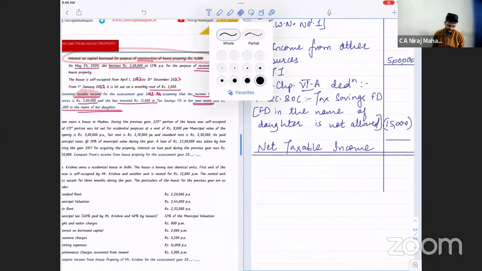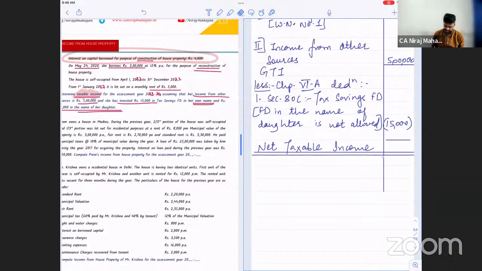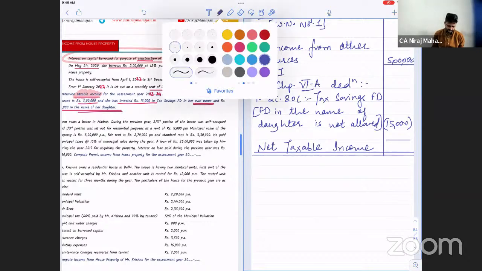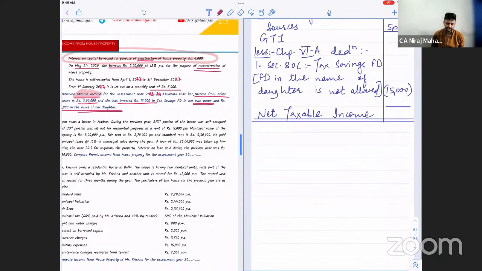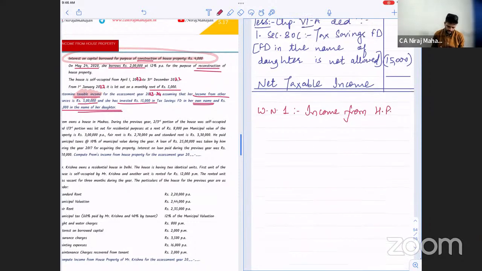So working notes, everybody. Income from house property, particulars, rupees.